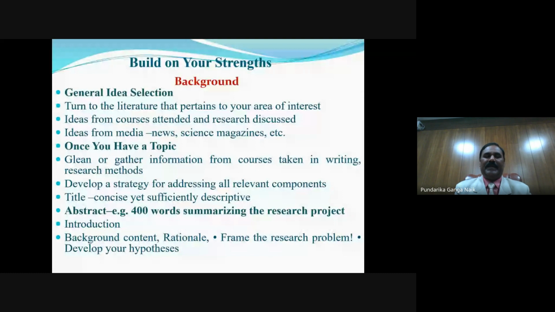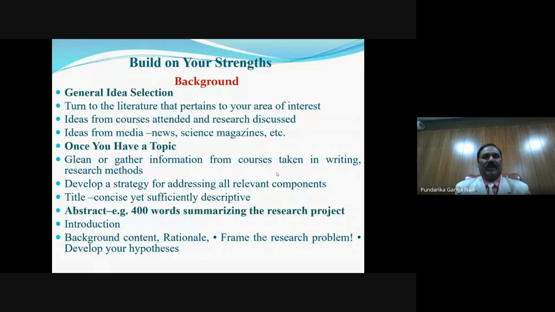That can happen through the literature survey pertaining to your area of interest, the ideas that you would get while attending FDPs or other interactions with industry people, or symposia research that is discussed with the peer group or the experts. You can get the idea how best you can choose your research topic for putting up a strong proposal.